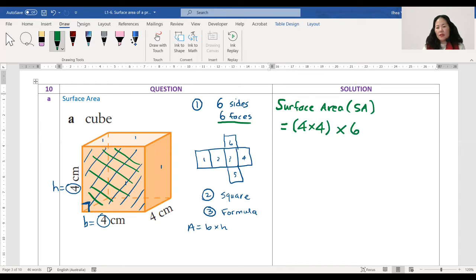So I'm just timesing by 6, okay, so that's all that is. So 4 times 4, 16 times 6, or you can just put it all in your calculator. You will get 96. Now remember, units, centimeter squared, or square centimeters, because it's the area.